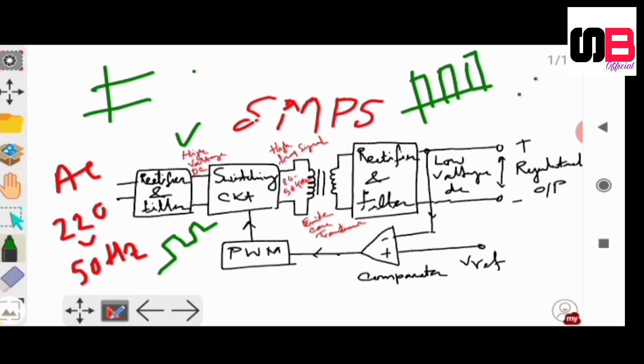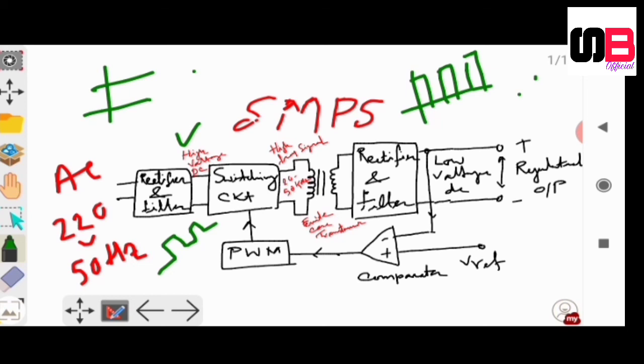And this increased error voltage, when applied to the PWM modulator, reduces the on time. As the output of the PWM is given to the base of the transistor, the output voltage is again reduced and adjusted as per the reference voltage.